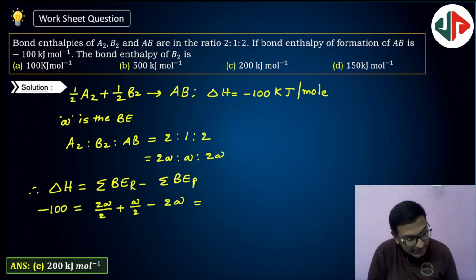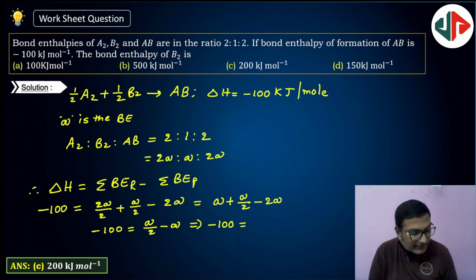So from this we'll get the value. So A plus A by 2 minus 2A. So minus 100 equal to A by 2 minus A. That implies minus 100 will be equal to minus A by 2.